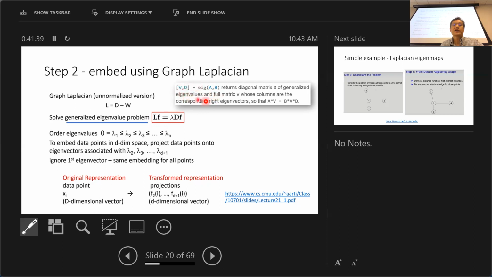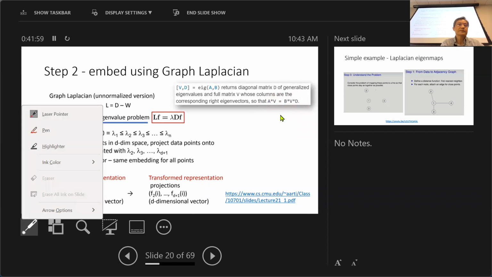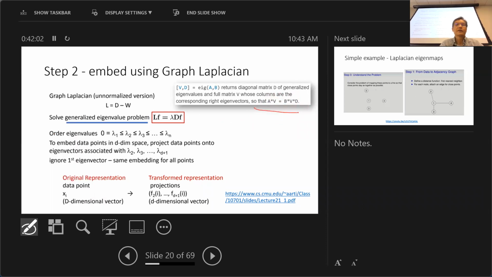They will satisfy the relationship that A multiplied by V is equal to B times V times D. This formula matches the corresponding values of this equation. So this is called the generalized eigenvalue problem.